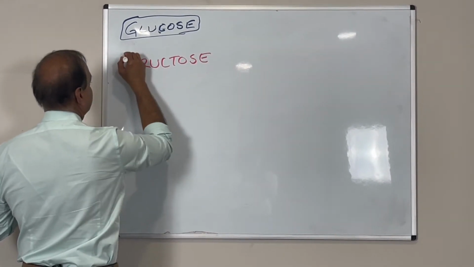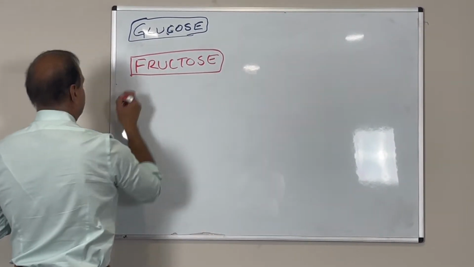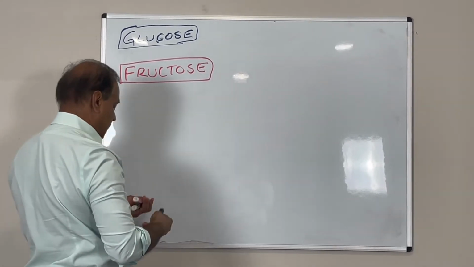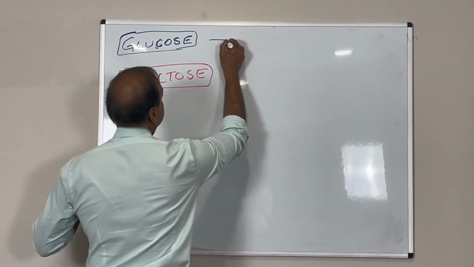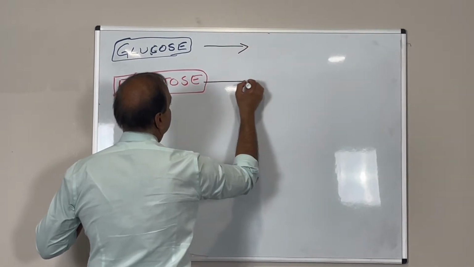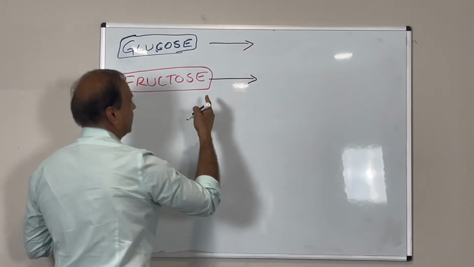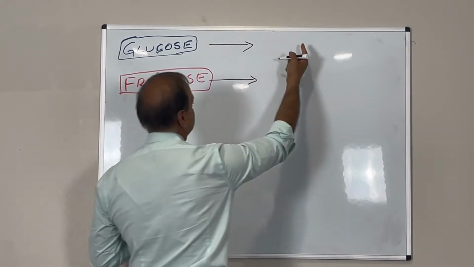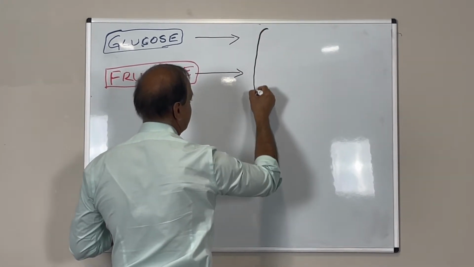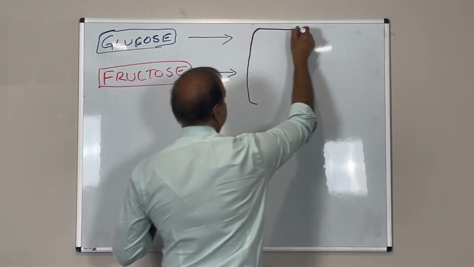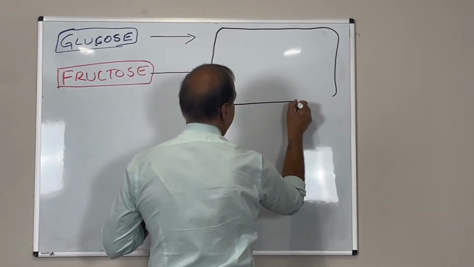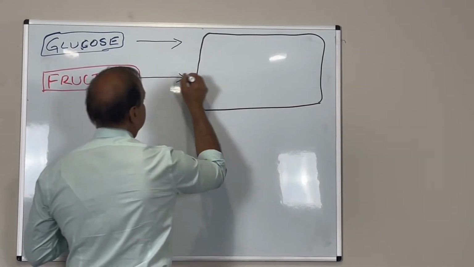Both these molecules go into the cell through different pathways. There is an enzyme that metabolizes glucose to go into the cell, and there's an enzyme we talked about, fructokinase, for fructose, and that takes it into the cell.